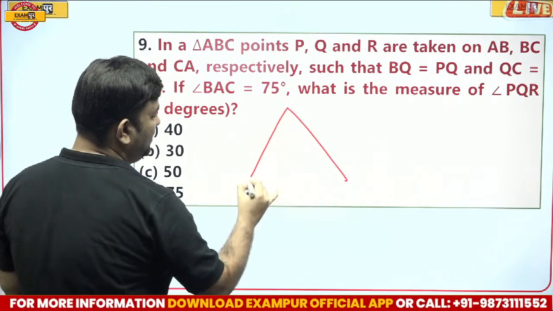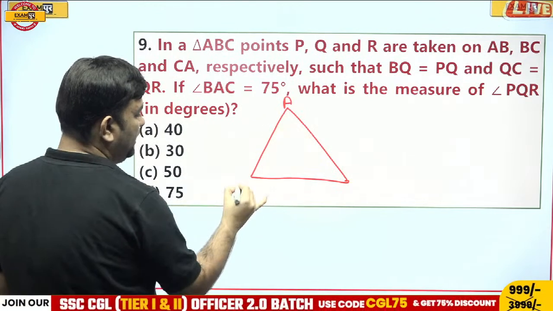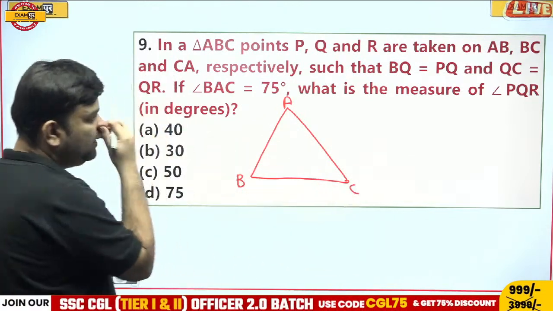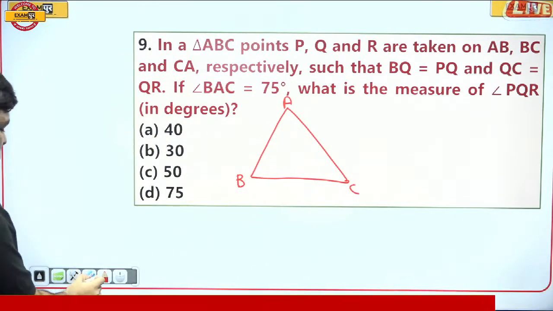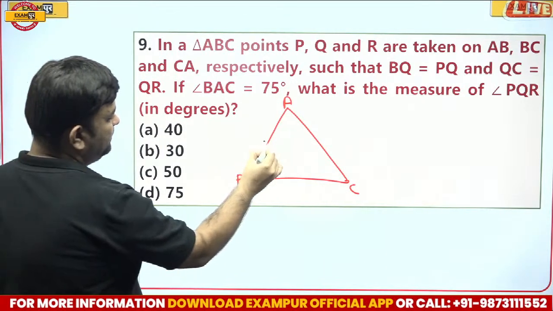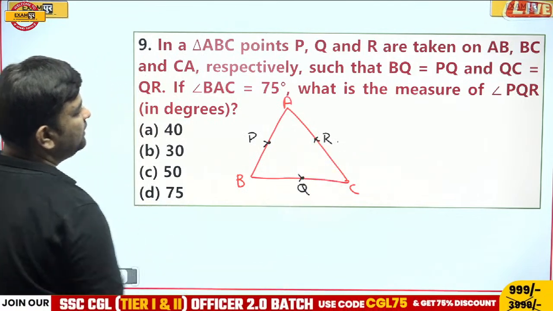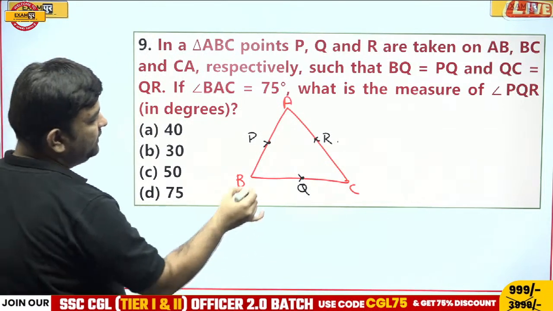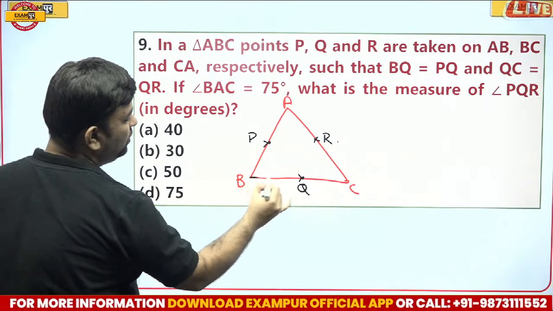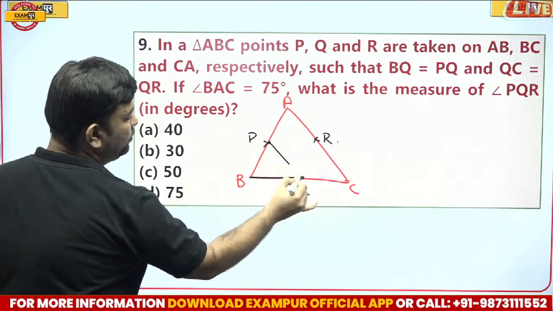ABC is a triangle. P, Q, R are the points on AB, AC, AC such that BQ is equal to PQ.